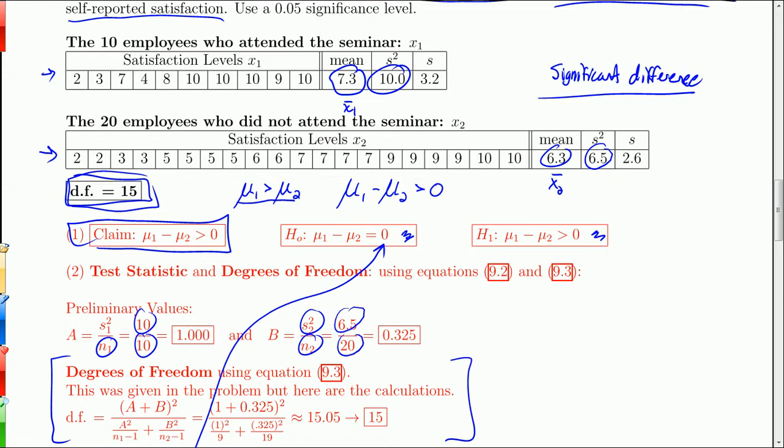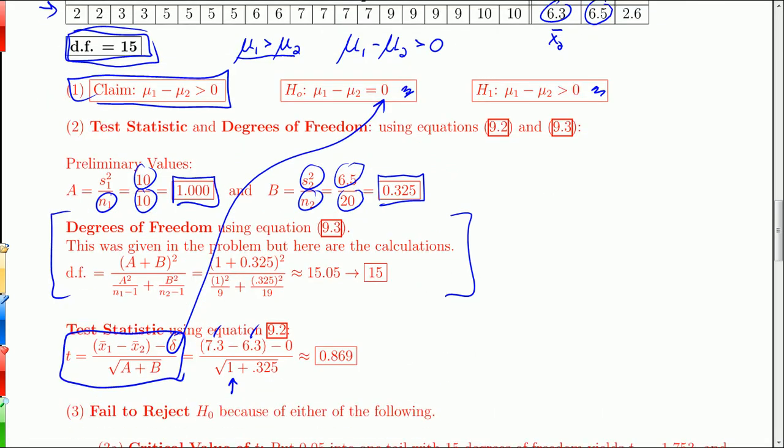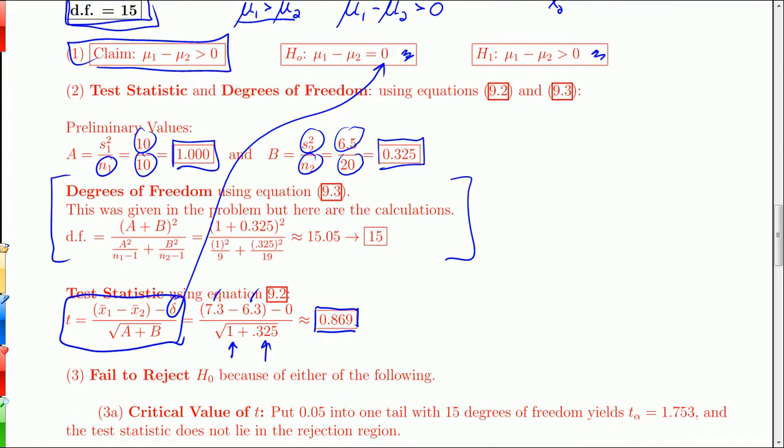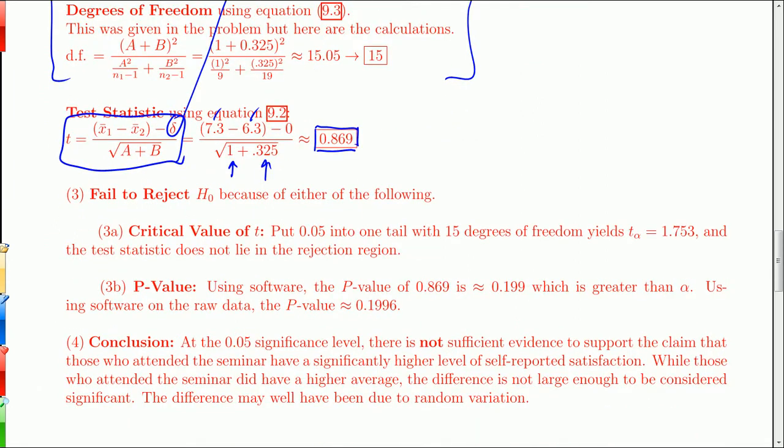So I get 6.5 over 20. So A is 1.000, B is 0.325. When I stick those into my equation for the test statistic, I get a test statistic of 0.869. So now we have to determine, do we reject or fail to reject the null hypothesis? And if we go with the critical value method, we need to put 0.05 into one tail with 15 degrees of freedom that was given to us.